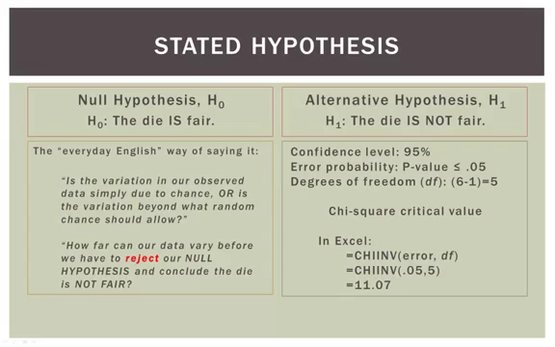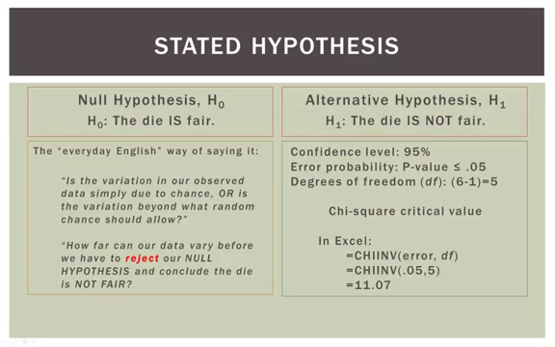The easiest way to find this actually is in Excel. Excel has a built-in function, CHIINV, and then you just give it 2 inputs. You give it your p-value, which in our case is 0.05, and then your degrees of freedom, which in our case is 5. And then it spits back a critical value of 11.07.